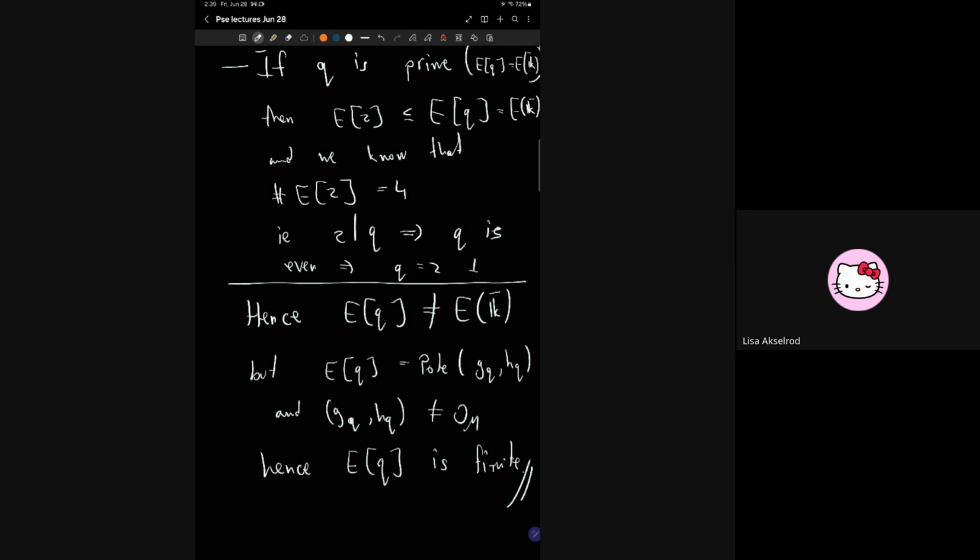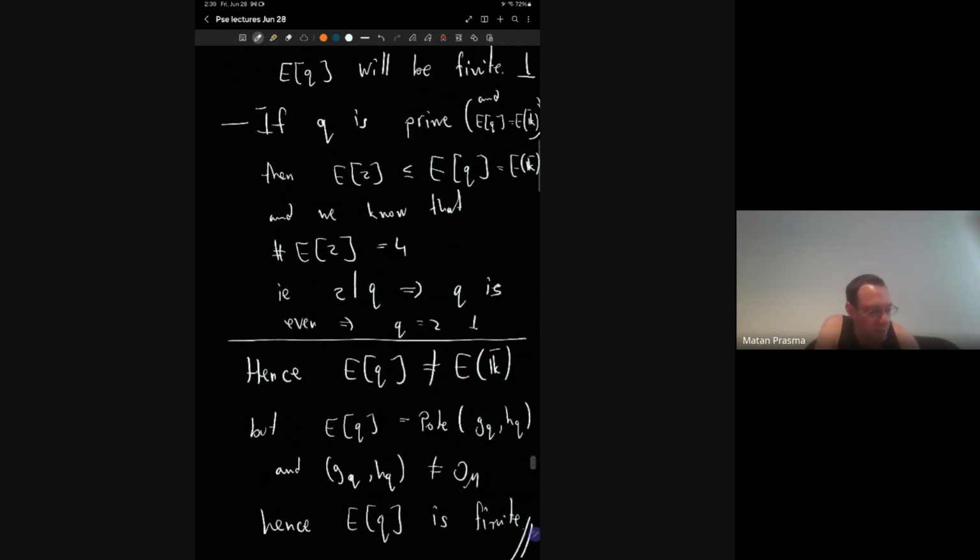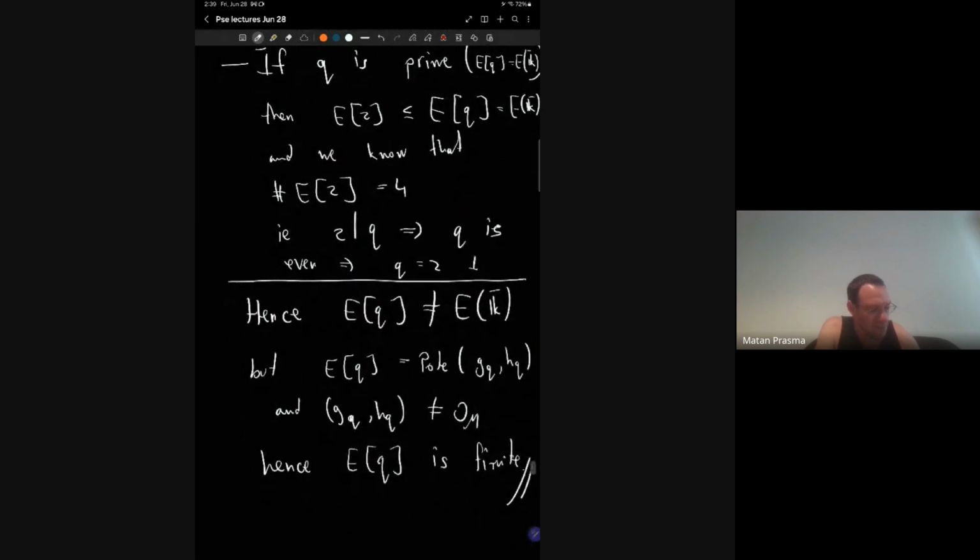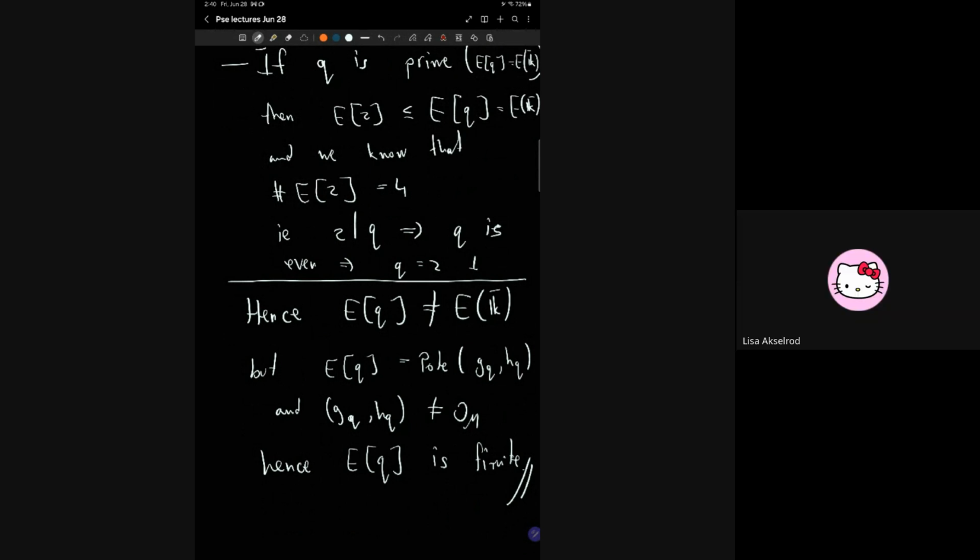You get it? I mean, the gap that I thought I had, it's enough to show that EQ is not the whole group E of K bar, because we already know that multiplication by Q is a rational map, right? Yes.